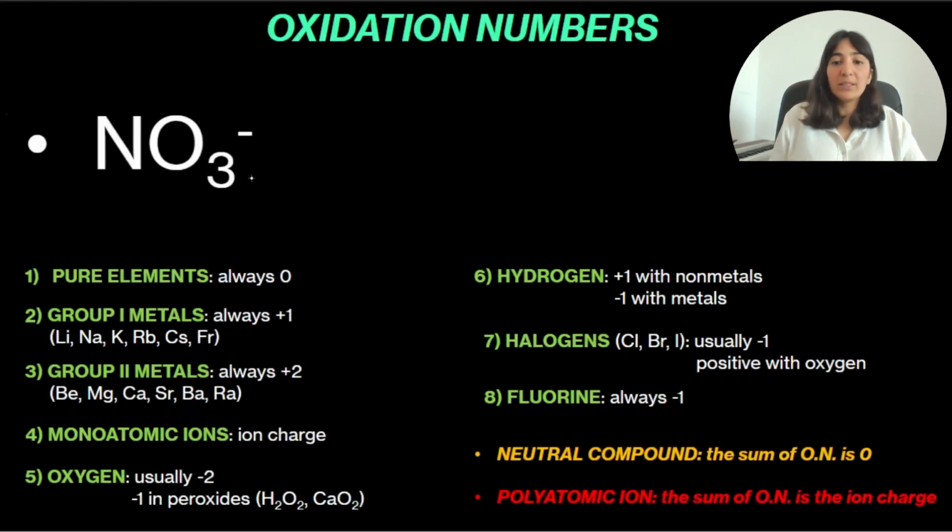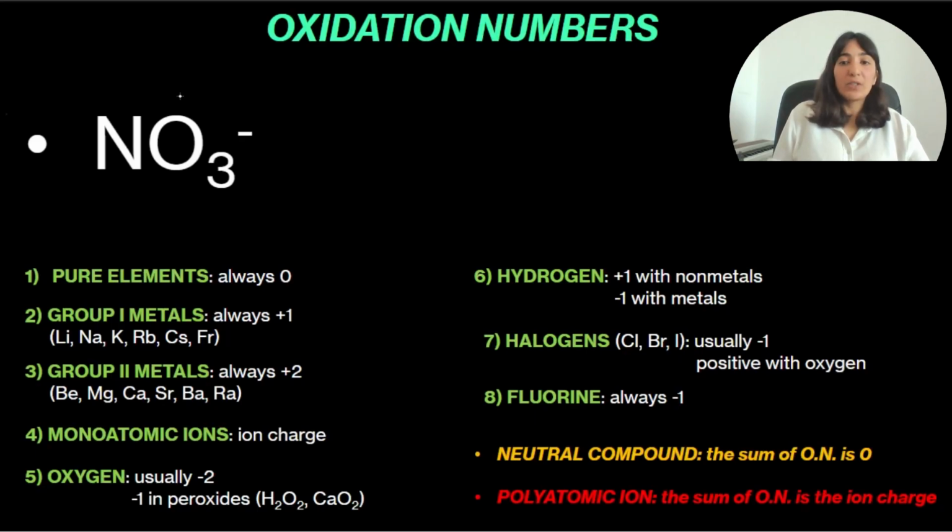NO3-, this is a polyatomic ion, and the sum of oxidation numbers in a polyatomic ion is equal to the ion charge. This means that if we sum the oxidation number of nitrogen and the oxidation number of oxygen, that gives us -1 in this case, which is the ion charge for NO3-, okay?